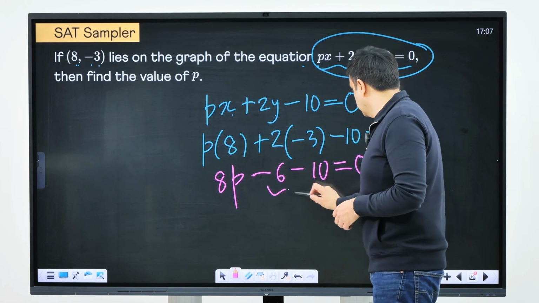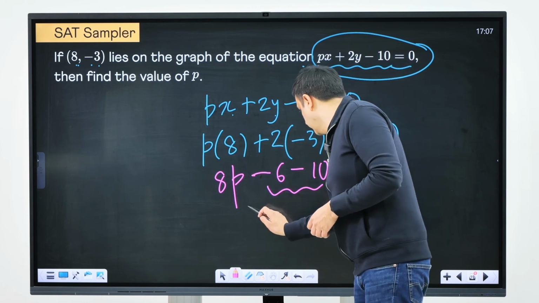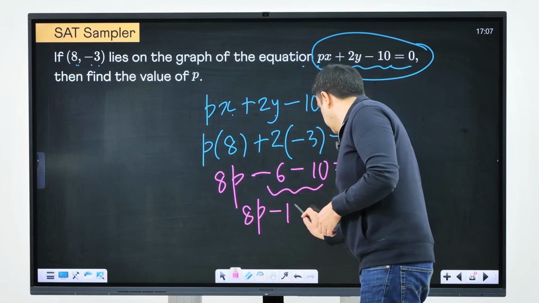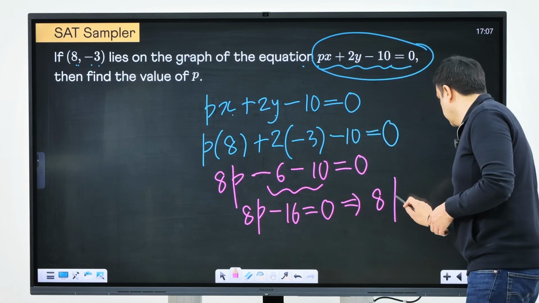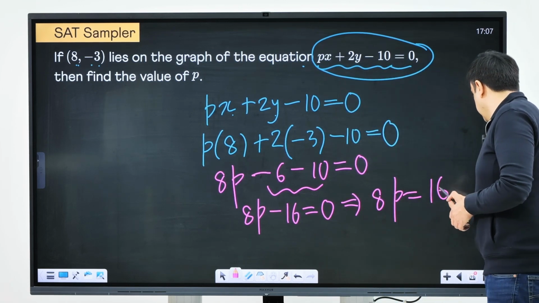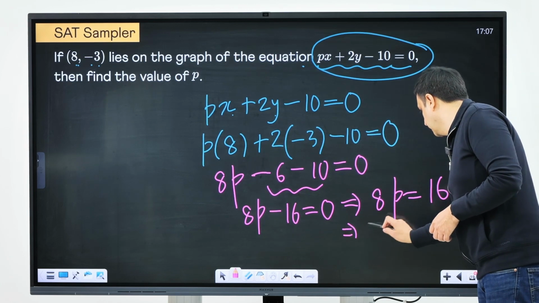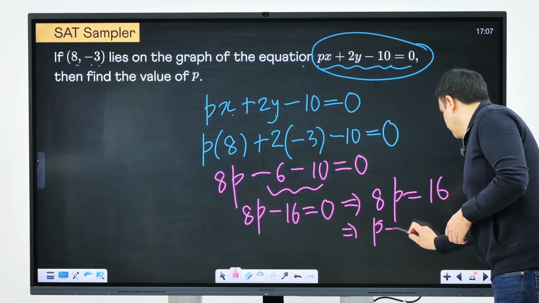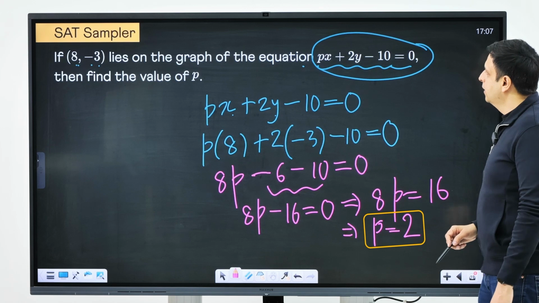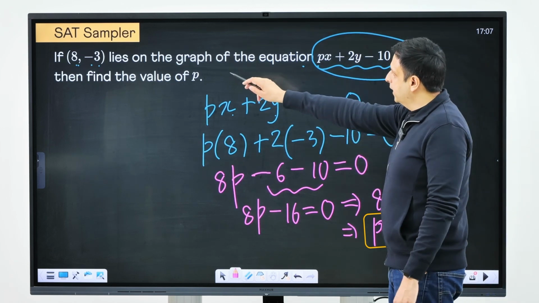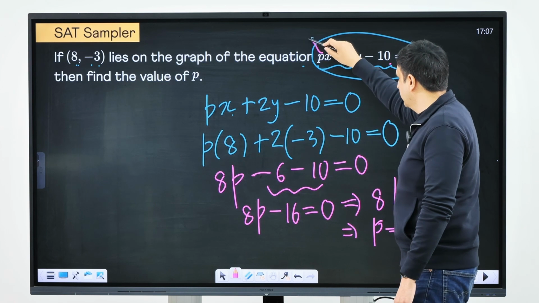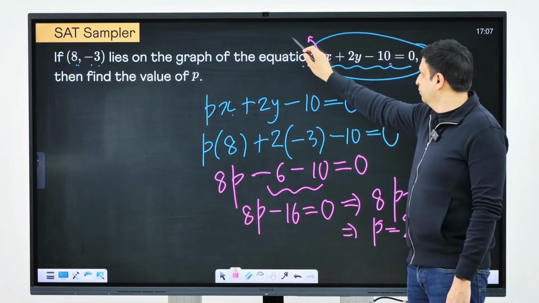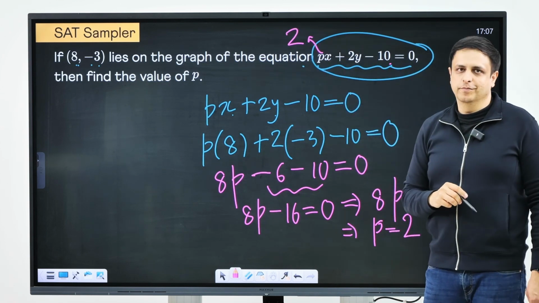If I combine these two terms, I get -16. So 8p minus 16 is equal to 0, which means that 8p is equal to 16. Now I can divide both sides by 8, and that will give me p is equal to 2. So if that point 8, -3 lies on this line, it must mean that p is equal to 2. That's our answer to this problem.